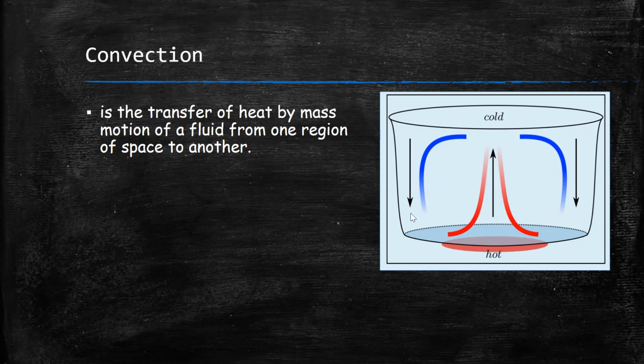So the lower portion of the fluid or the liquid, being exposed directly to the hot temperature, gets warmer. So the tendency at the atomic level is that the atoms get excited, and when they get excited, it expands due to heat transfer.